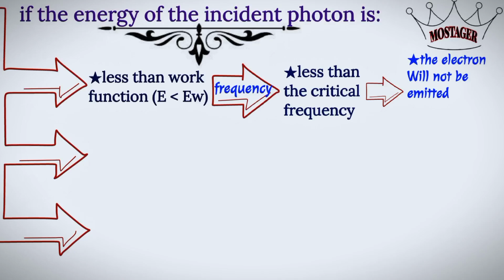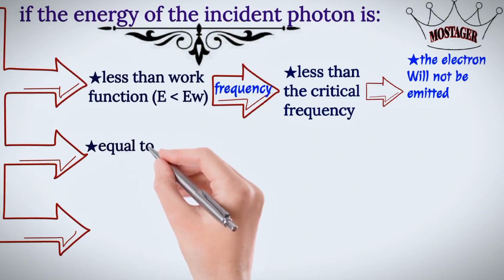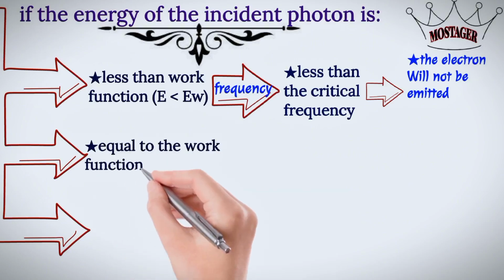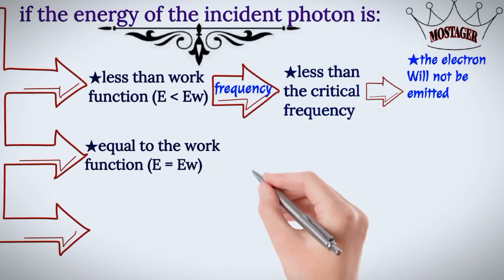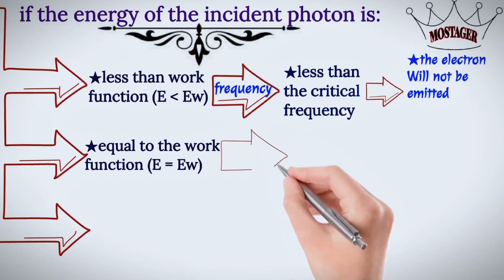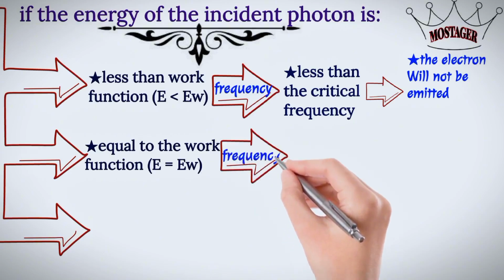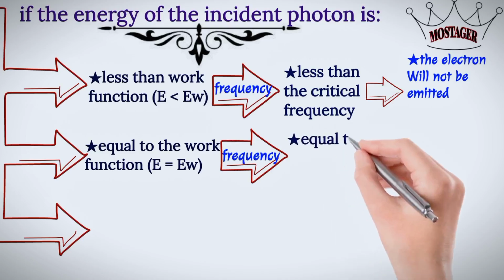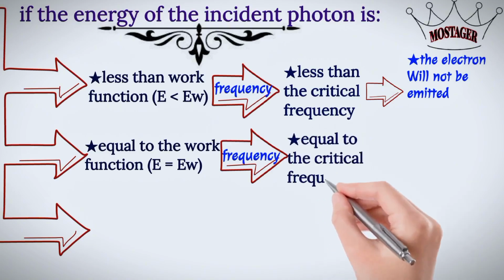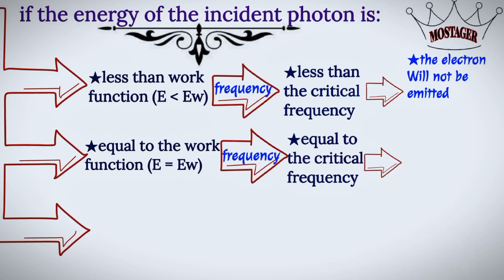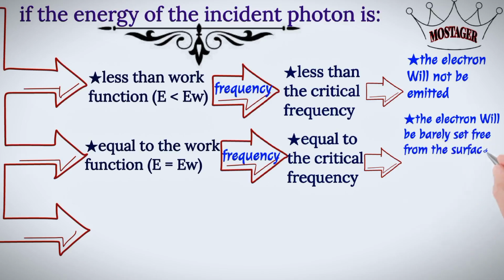State number 2, if the energy of the photon equals the work function, the frequency in this case equals the critical frequency. We notice the electron will be just barely set free from the surface without gaining any kinetic energy.